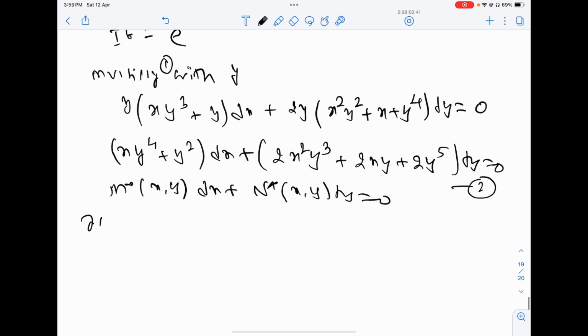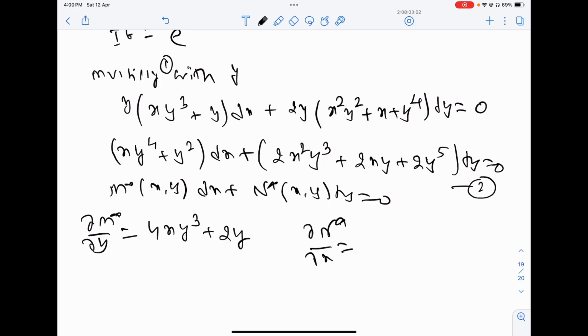Let us find del M star by del y. So derivative of xy power 4 is 4xy cube plus derivative of y square is 2y. Let us find del N star by del x.